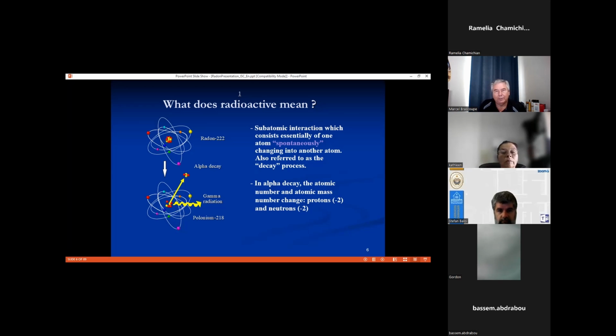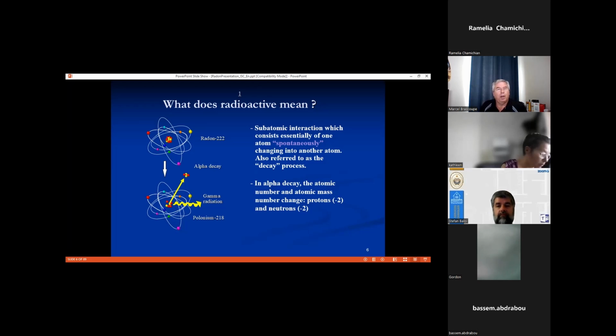I'll explain that a little bit later, what kind of damage that's going to be. So just remember that radioactive all it means is that it's going to spontaneously disintegrate and release energy. And that energy is dangerous for us. To visualize what's happening, I'll give you an analogy. I'm going to take the example of popcorn.